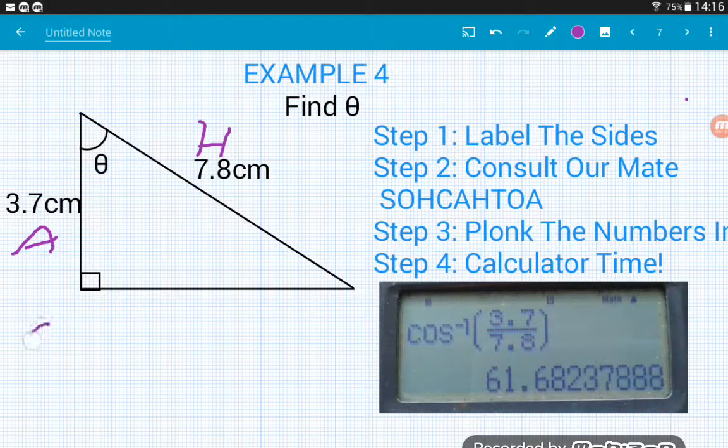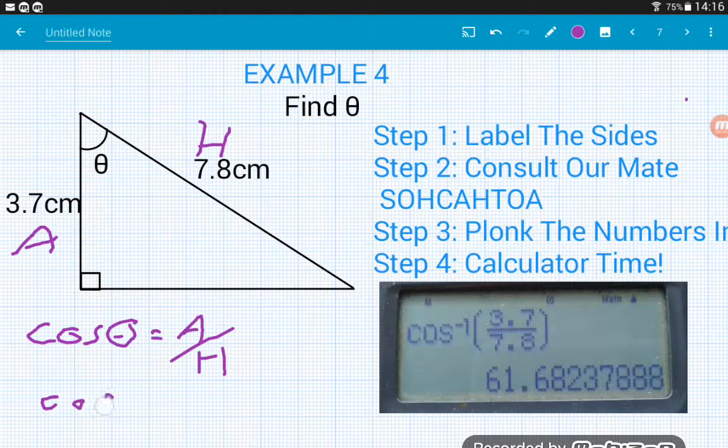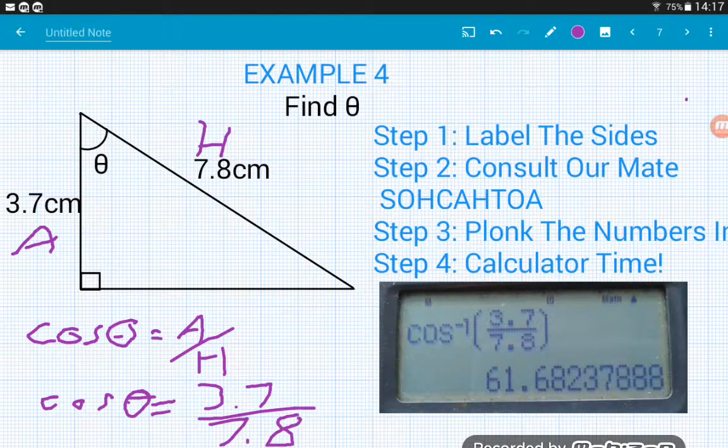So we know that cos theta is equal to the adjacent over the hypotenuse. So here cos theta is going to equal 3.7 divided by 7.8. Now, as before, we turn to our calculator, take the inverse cos of that, and here we would get 61.68 degrees.